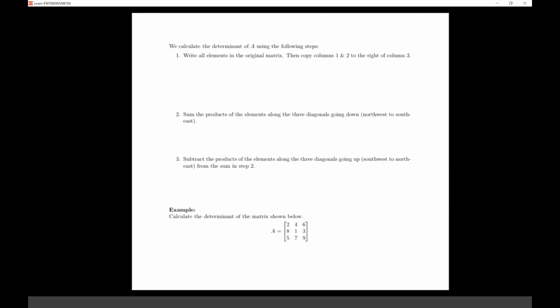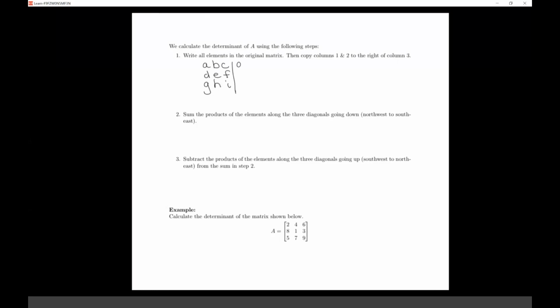So here was my original matrix. Then they say, copy the first 2 columns to the right of that. So I'm going to copy A, D, G.